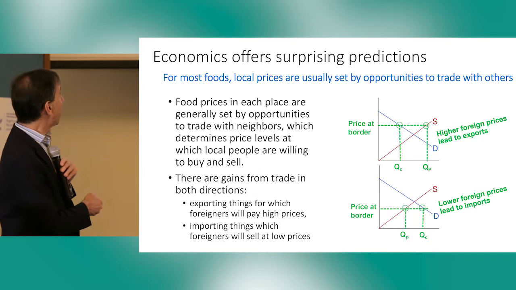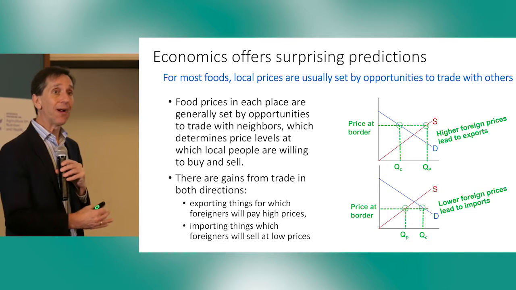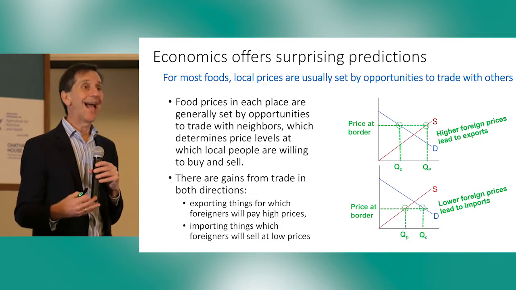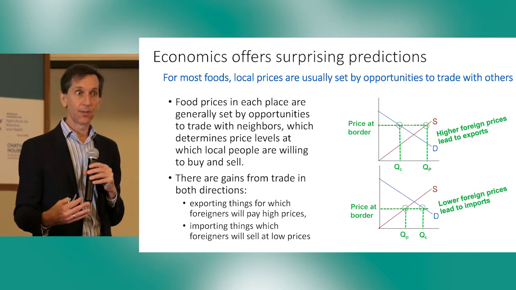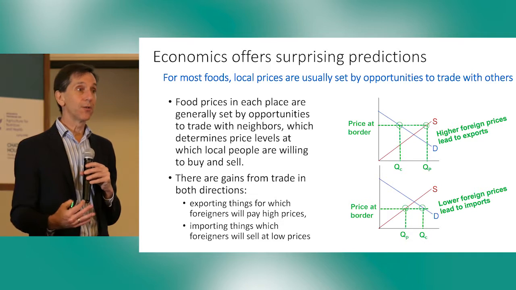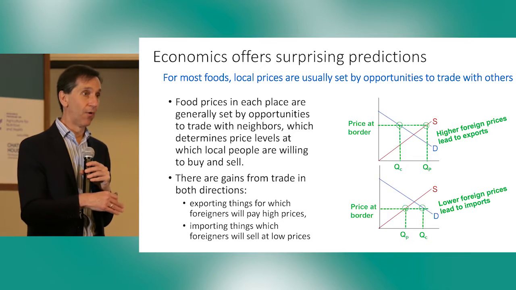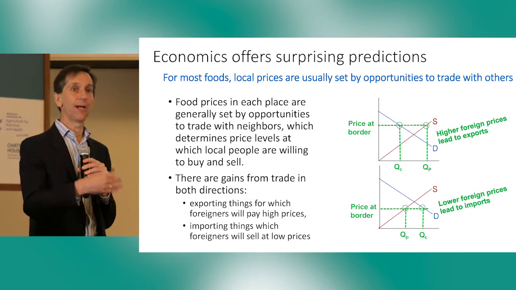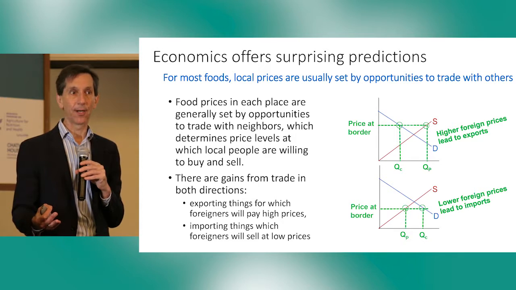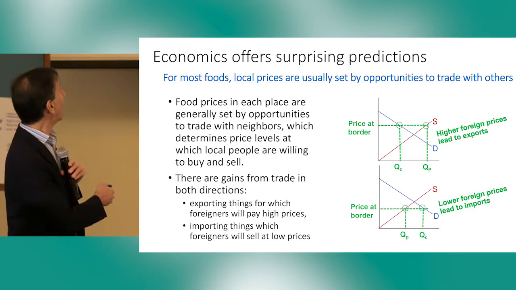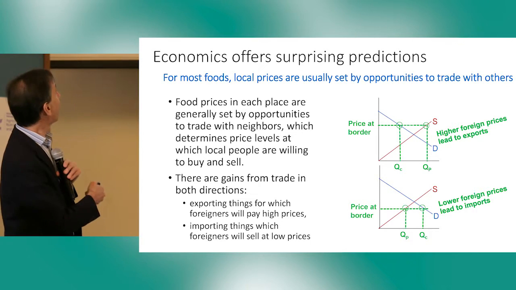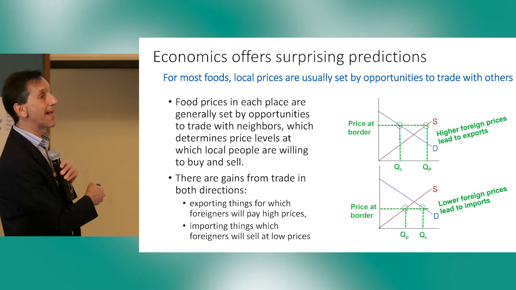So whether this is a village or a district or a country or all of Africa, it has neighbors. And those neighbors, just like the individual case from before lunch, are not going to be the same as the village, the district, the country, or indeed all of Africa. So the rest of the world will be willing to pay or able to sell at a price which is not the same as this price here.